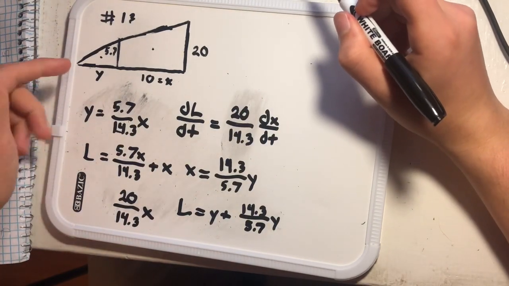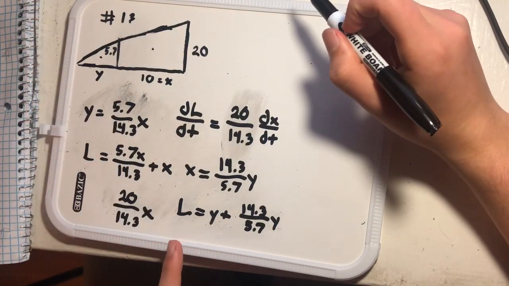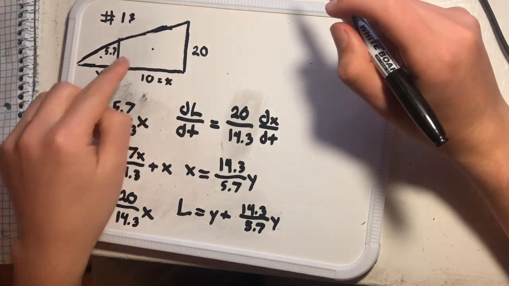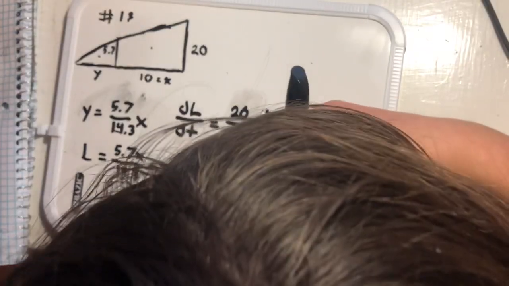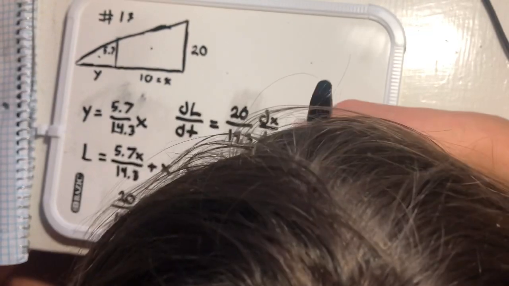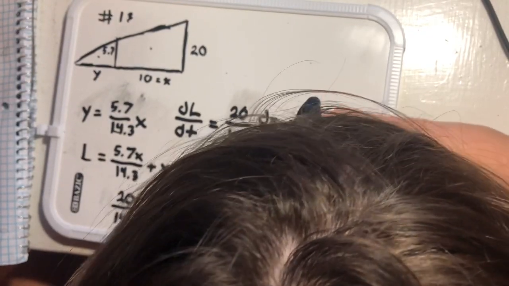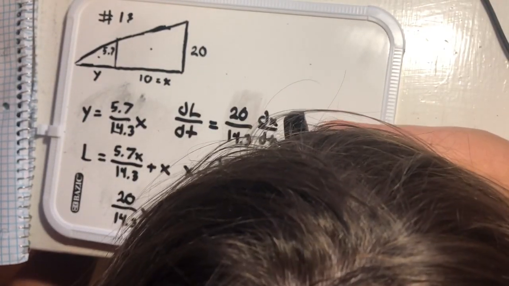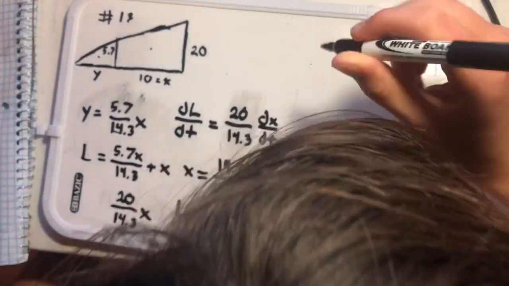Now we're proportionate in terms of y in this equation, and this is going to equal 20 over 5.7 y.